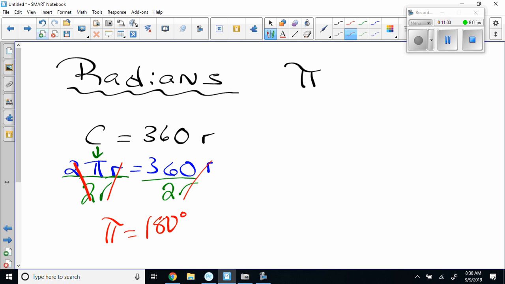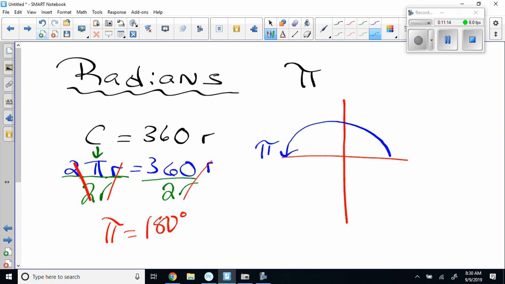Now, so pi, if we're looking at this, and we go from this side all the way over here, we have gone pi radians, right? It ain't pi degrees. Degrees and radians are 2 different entities. It's like saying a cat's a dog. They ain't.